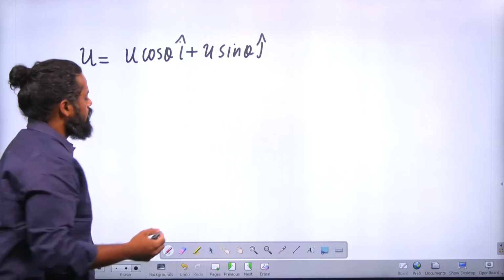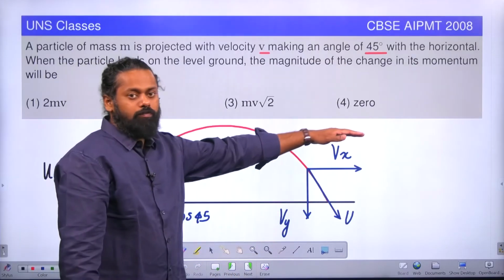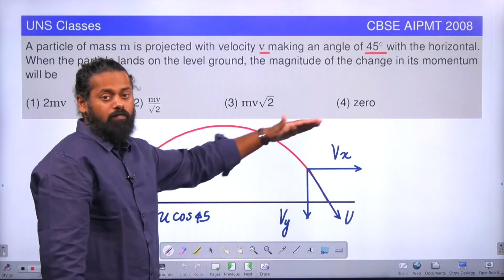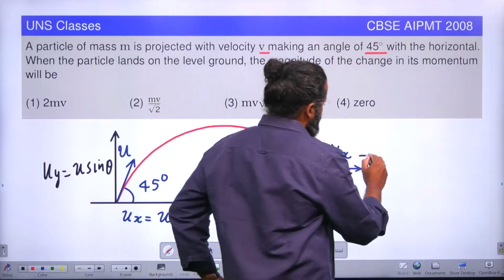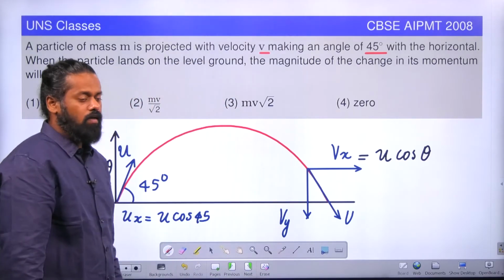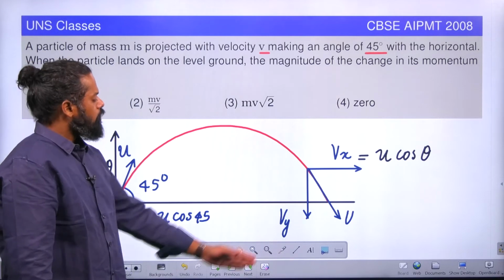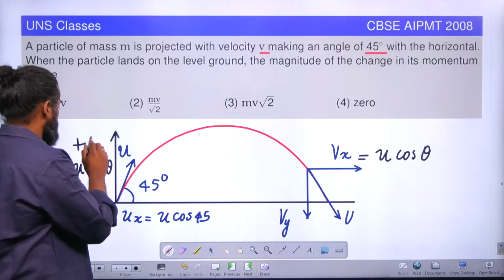Final velocity: the horizontal component is not going to vary because it's not under the influence of any retarding force. So vx is equal to u cos theta, which will be maintained. Theta is 45, we will substitute at the end of the problem. And what happened to vy? Initially vy is in the positive y direction.